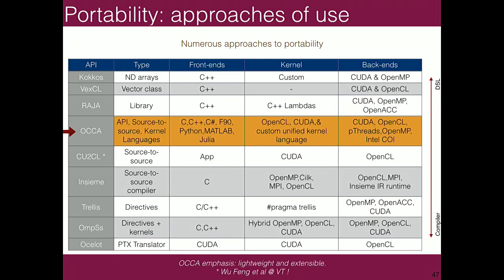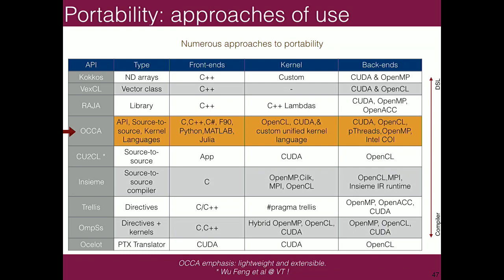So let me tell you how we position, or how we view Ocker, where it sits. The thing we're talking about is the Open Concurrent Compute abstraction, called Ocker for short. And we'll tell you how it sits in the canonical hierarchy of portable solutions. At the top, we have some national lab packages for array management or array processing with GPUs, accelerators.